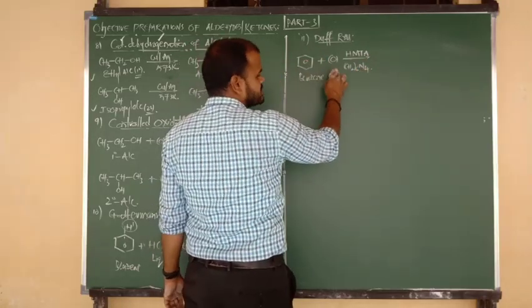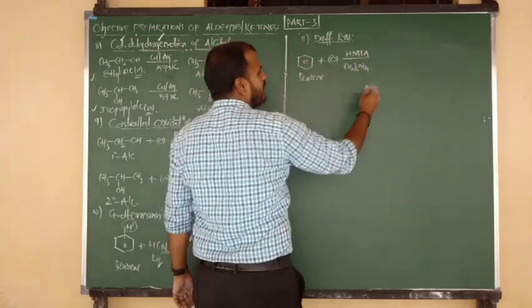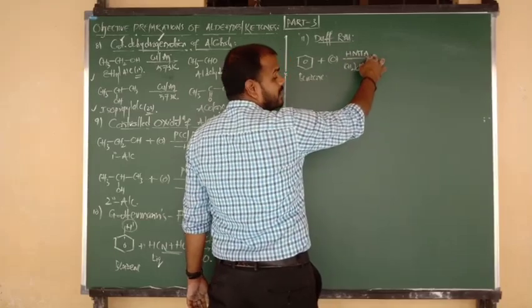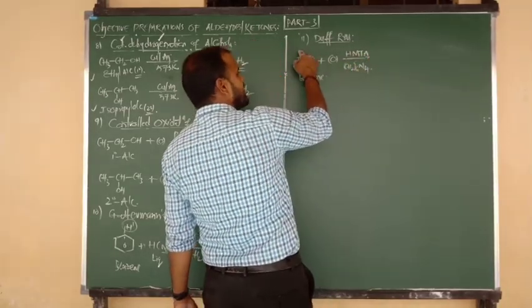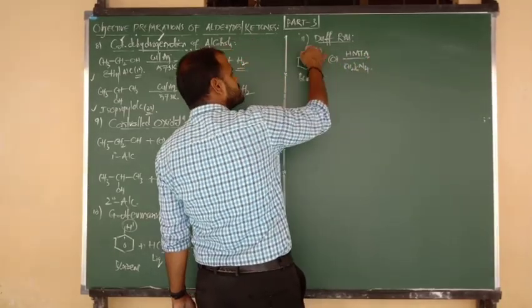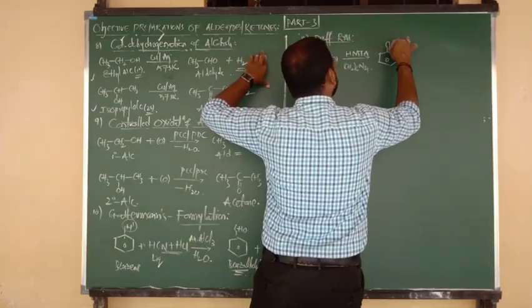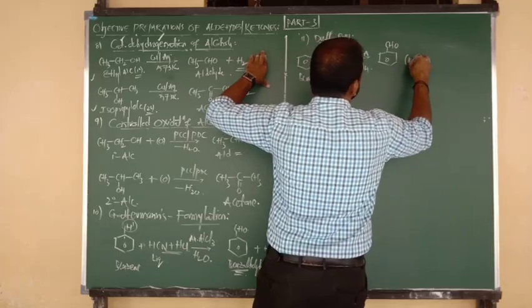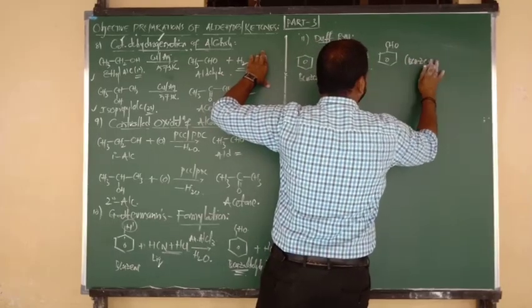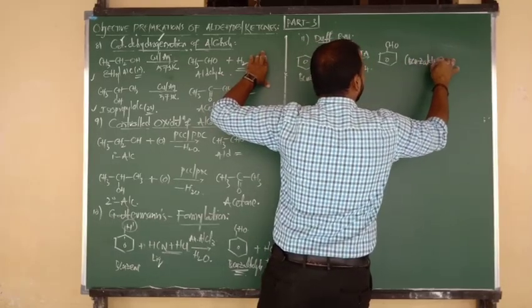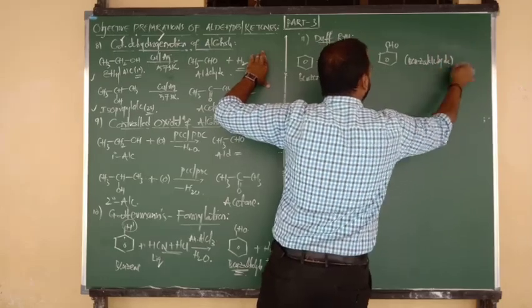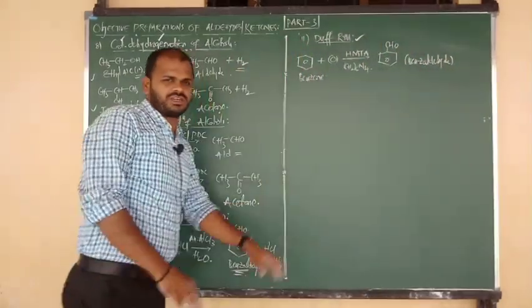So benzene upon oxidation with HMTA, from hexamethylene tetraamine, we can consider CHO attacks upon benzene. Again the product name is called what, beta? Benzaldehyde. Benzene upon oxidation with HMTA gives benzaldehyde, that is your Duff reaction.